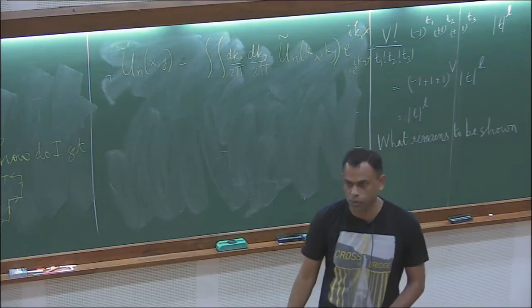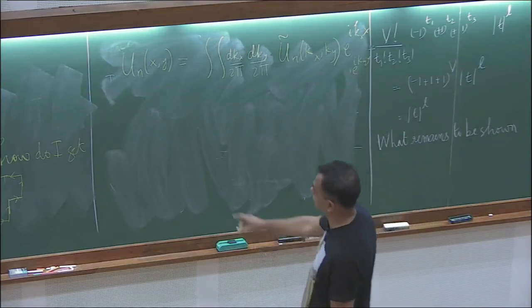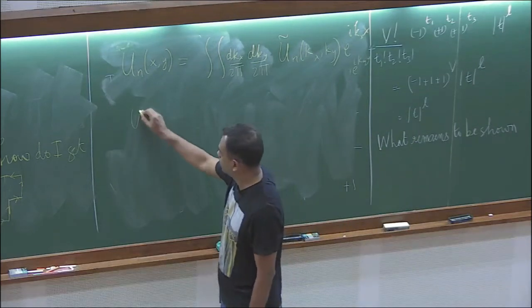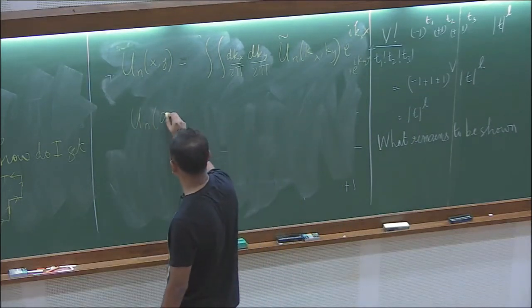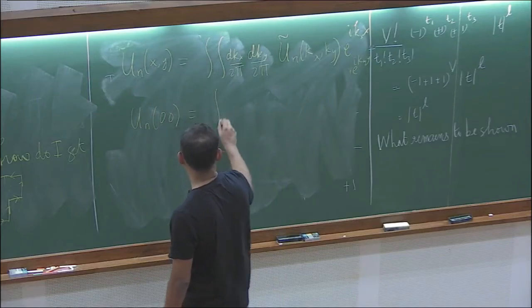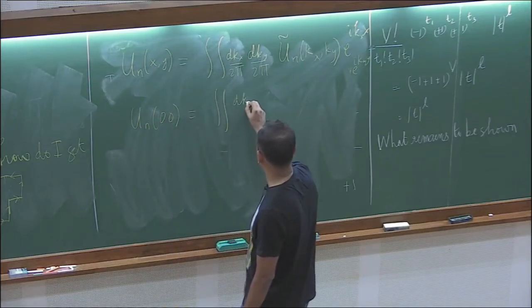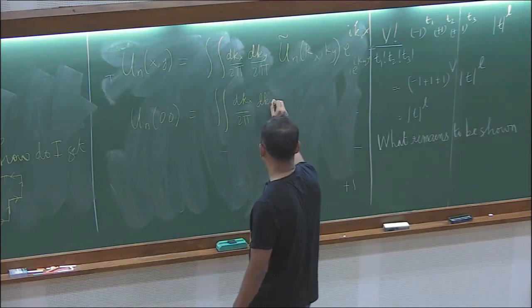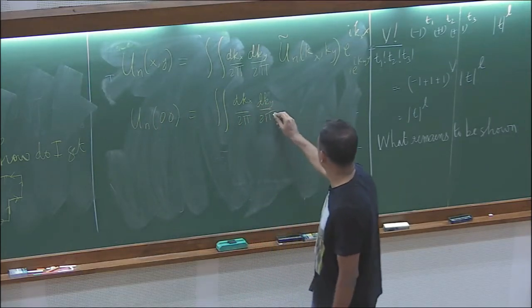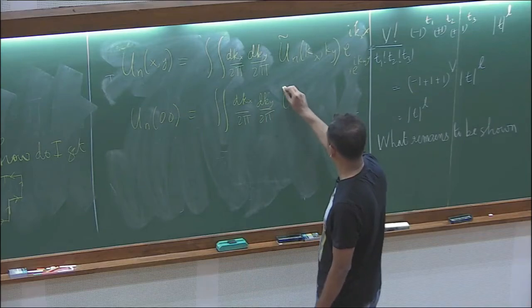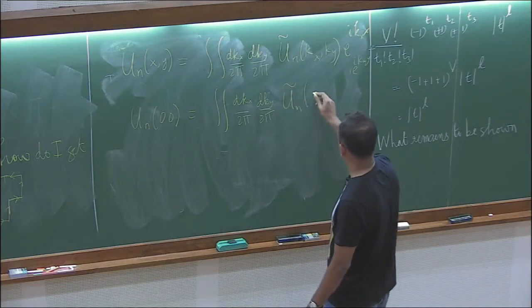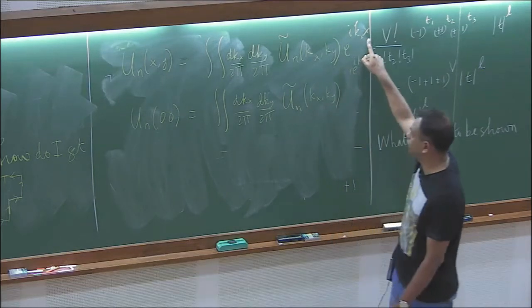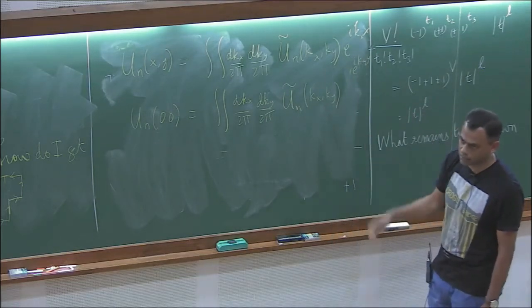So I take the inverse Fourier transform, and I'm interested in un of 0,0. If I put x equal to 0, y equal to 0, this is my answer.